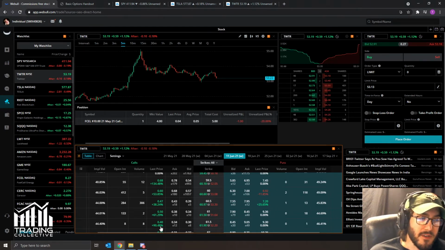Now, when it comes to selecting what contract you want, there are 3 different types of trading. Some people will say there's only 2, but I say there's 3. There's scalping, meaning you're in and out of a position in maybe just a few seconds or a couple of minutes. There's day trading, which is in and out of a position in the same day. Some people like to group those together.